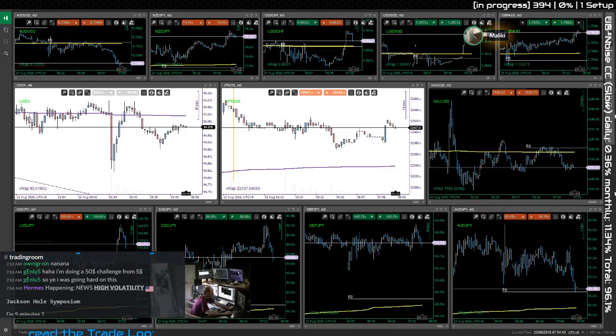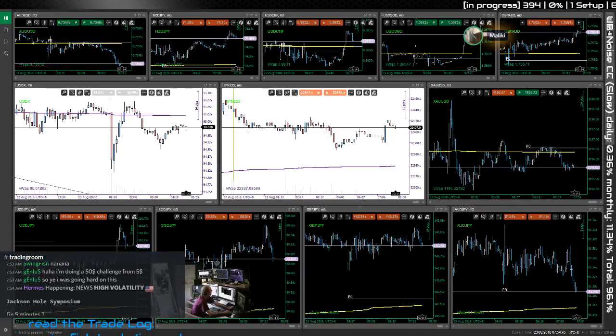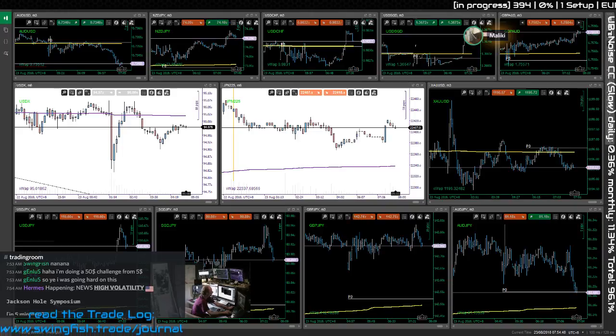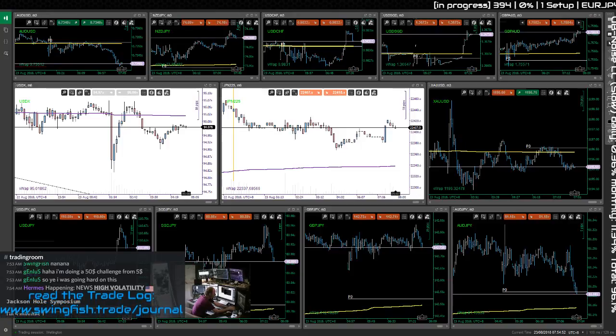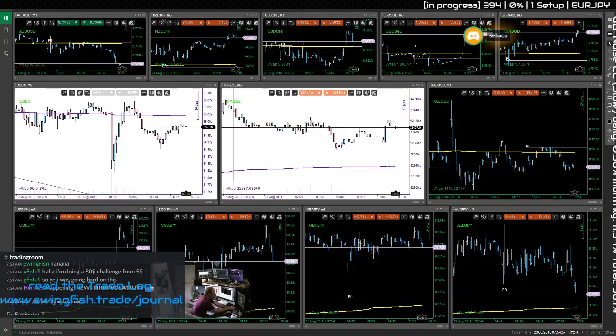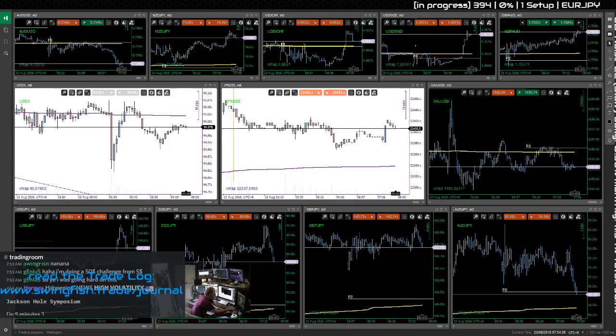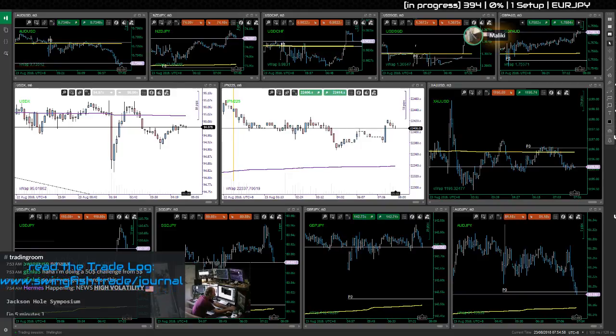Euro yen at the moment, but it looks like a short. I think it is a short for now, possibly. It's back from that support.